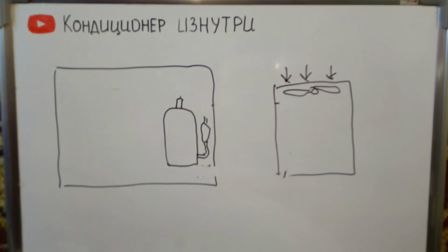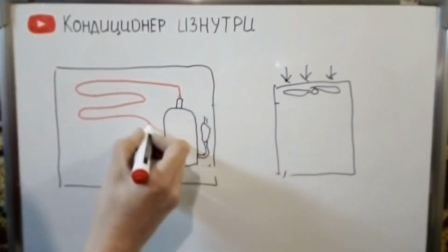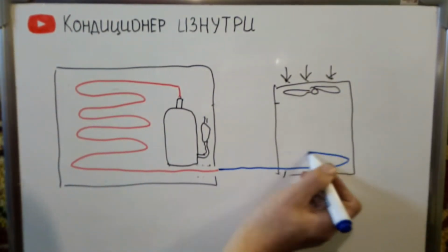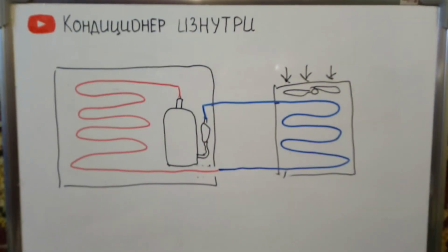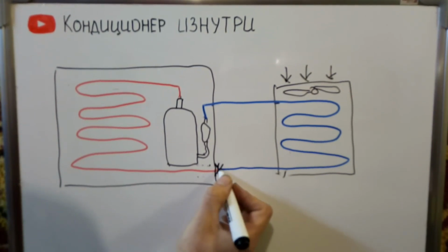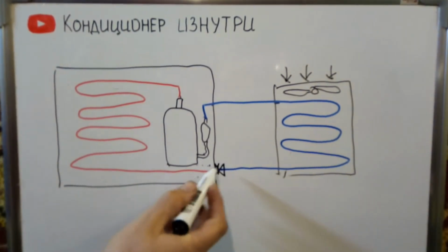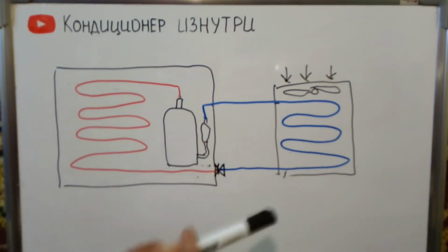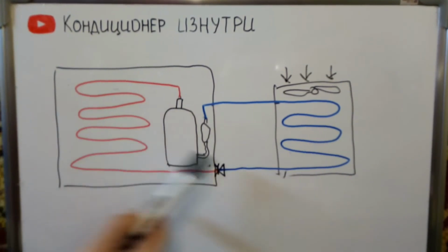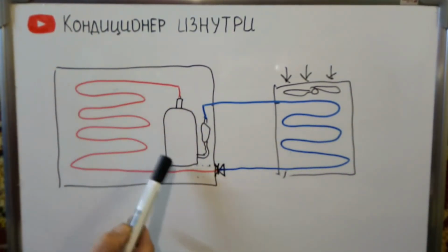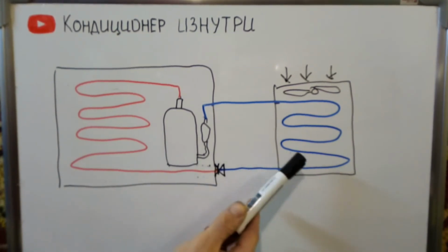To make it clearer, we will depict the high pressure area in red, the low pressure area in blue. This is where the throttle is located. It is located in the outdoor unit, meaning it separates the areas. There's high pressure and there's low pressure. When the air conditioner turns on, the compressor begins to drive the refrigerant along the contour, thereby it accumulates here, a higher pressure is created, and here a lower one.